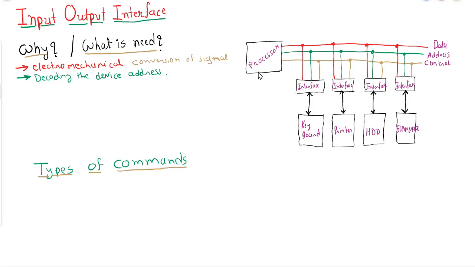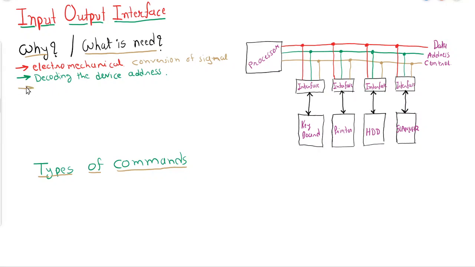So whenever the processor wants to send data to the printer, at that time it will attach the address of the printer with the command, and then it will forward that command on these buses. That same command will be received by all the interfaces, then each interface will decode that address, and if that address matches a particular device, then that command will be forwarded to the printer or that particular device. In the rest of the cases that information will be discarded. Clear? So decoding the device address is another task of the interface.